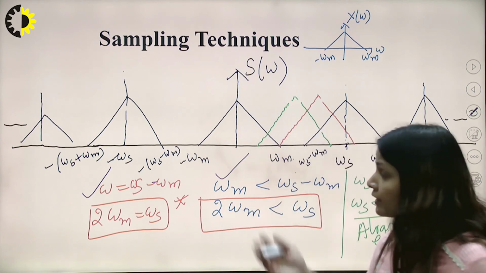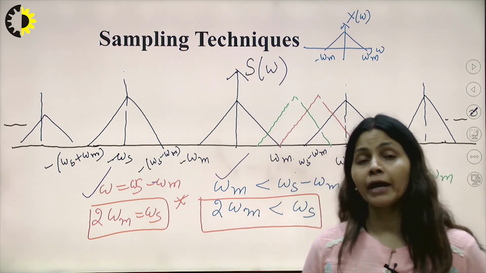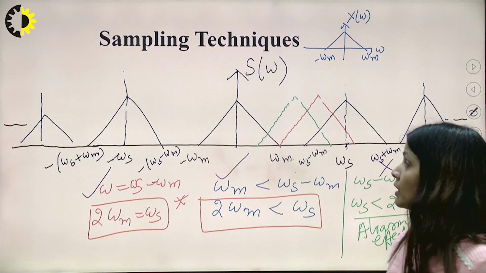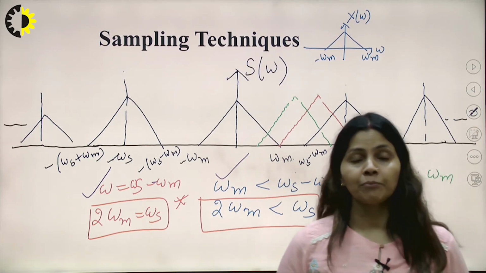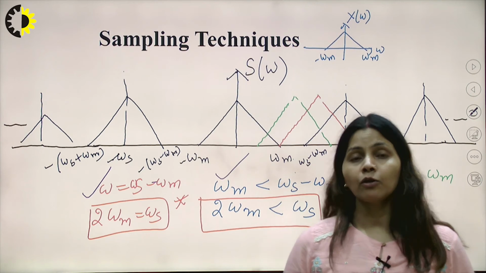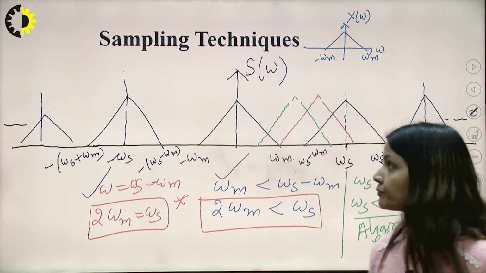So this is verified also by the impulse train sampling, and hence we could verify the sampling theorem and also the Nyquist criteria.